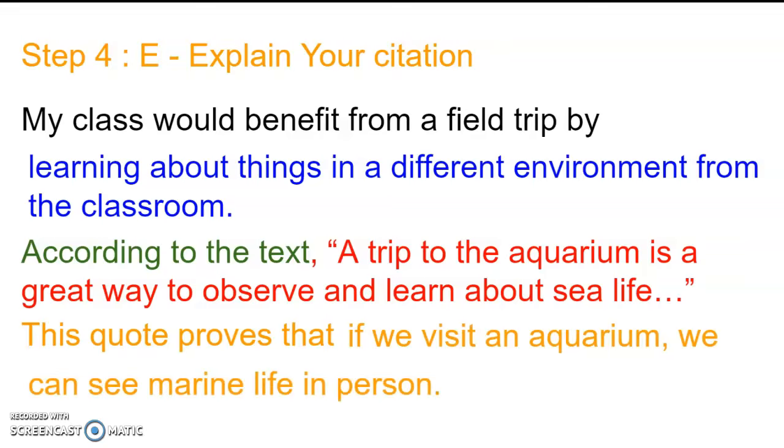We're getting hands-on, first-hand experience. Or you can just say this quote proves that if we visit an aquarium, we can see marine life in person. And that's proving this quote, right? That's what it's talking about: it's a great way to observe and learn about sea life. So I get to be there and see it, which is different than just learning about it in the classroom.